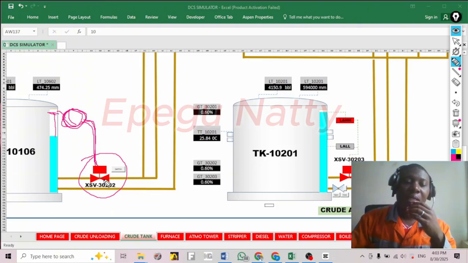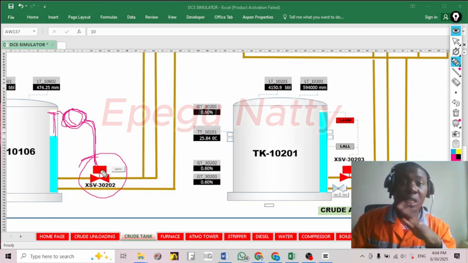After that incident, we are working without the trip, and when the level gets high, the DCS operator or the panel operator will manually close it, right? Manually close it. Of course we did not allow it to get to that level again. We are very conscious of the level because we know that there is no trip.